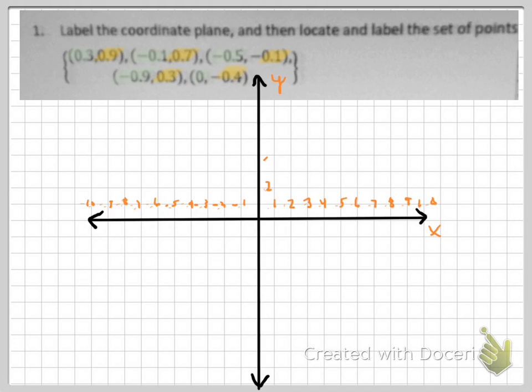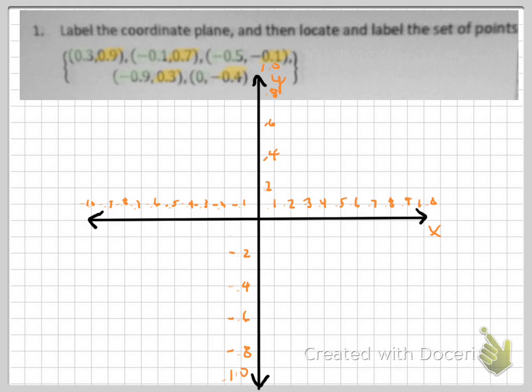Skip 1, I get to 0.4, skip it 0.6, skip it 0.8, and I would go up here to 1.0 up in there. And then the negative side, let's go negative 0.2, a negative 0.4 is there, a negative 0.6, negative 0.8, and then negative 1.0 is down here. There you go. And I just did that for sake of space.